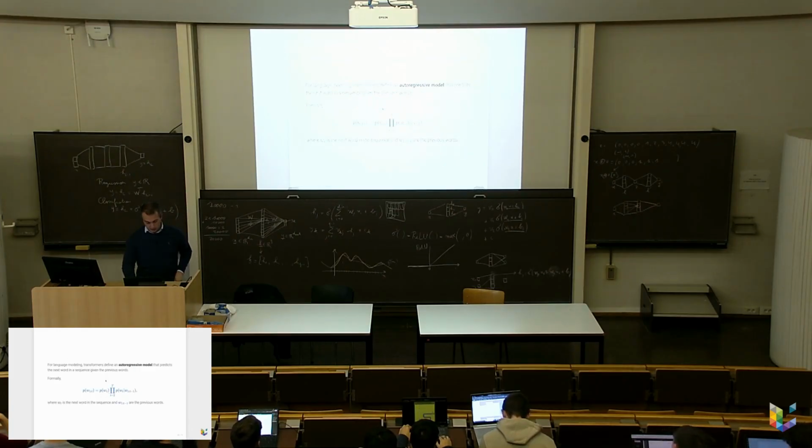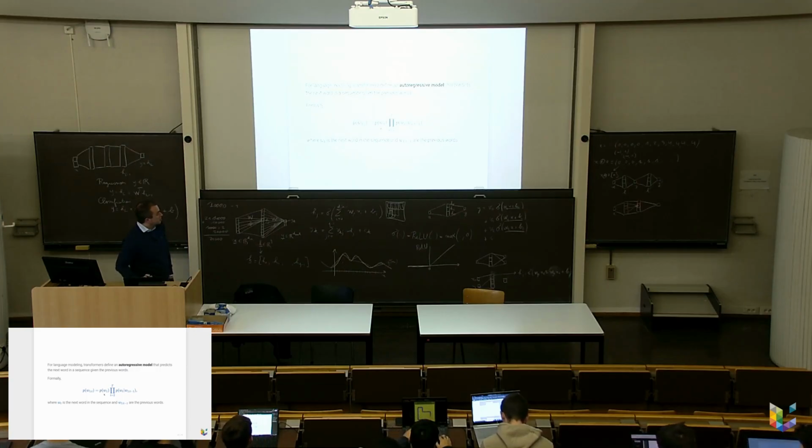So what we say is that for language modeling, the transformers will define what we call an autoregressive model that will predict the next word in a sequence given the previous words. Effectively, the probabilistic model that you have in this large language model is a probability distribution over sentences of T words, and you factorize it in an autoregressive way.